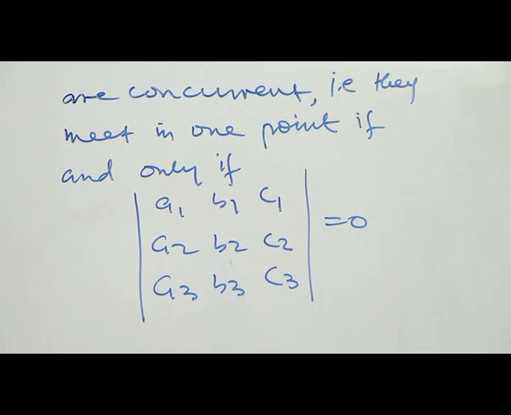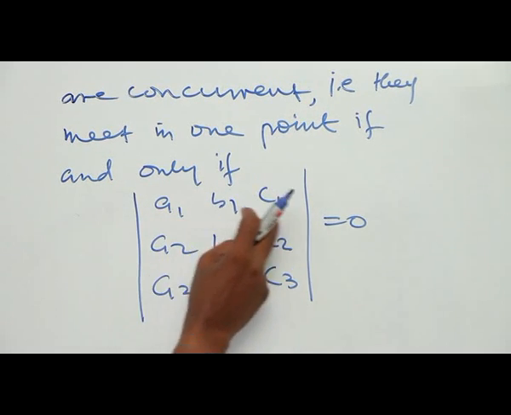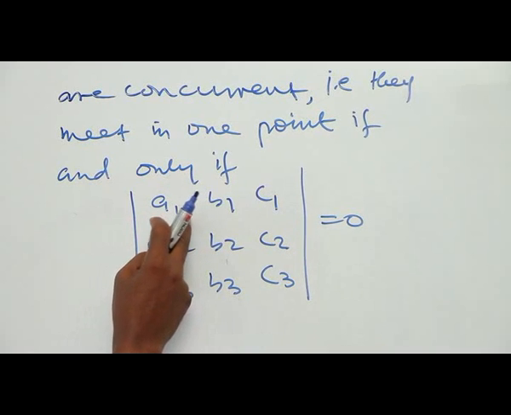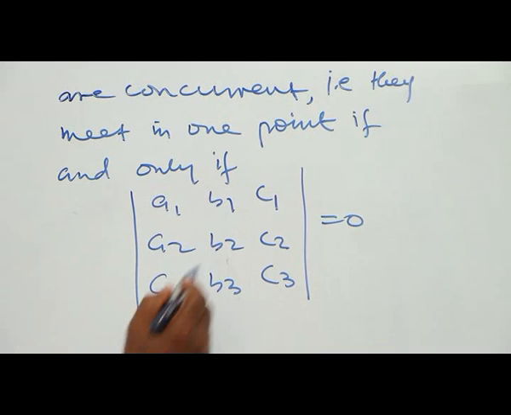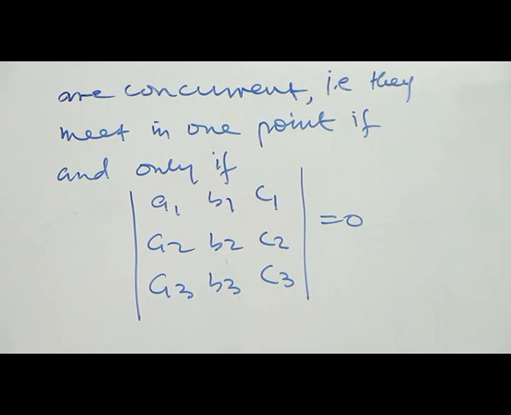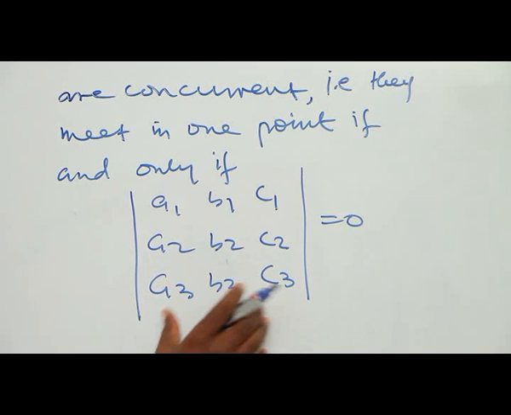Recall that we have written the equation a1x plus b1y equal to c1. That's exactly what we're putting here. We're putting the constants: a1, the coefficient of x, b1, the coefficient of y, c1, the constant term on the right hand side. Everything now brought together, and then find the determinant.